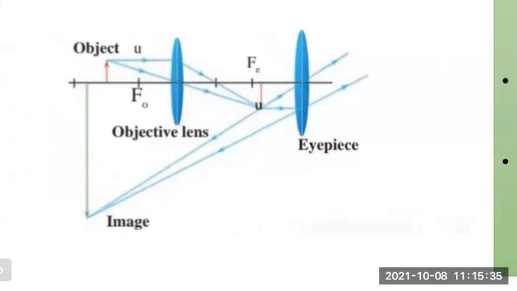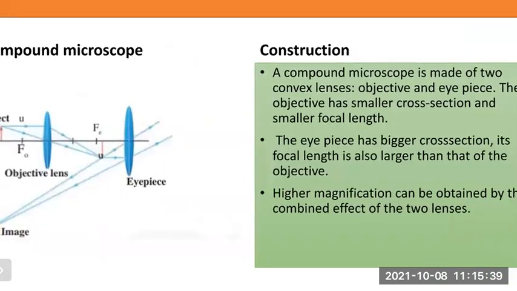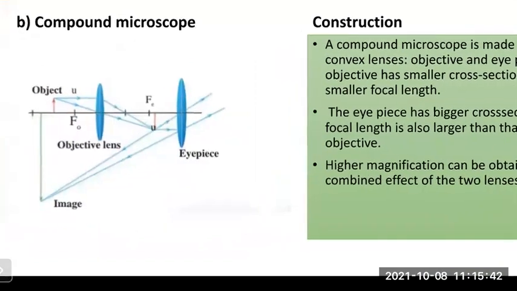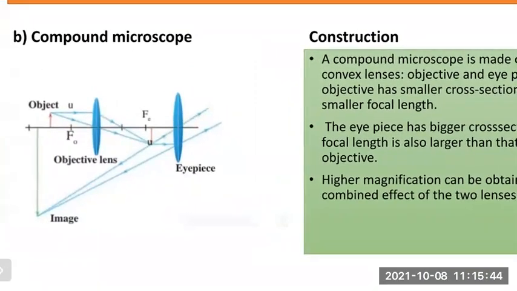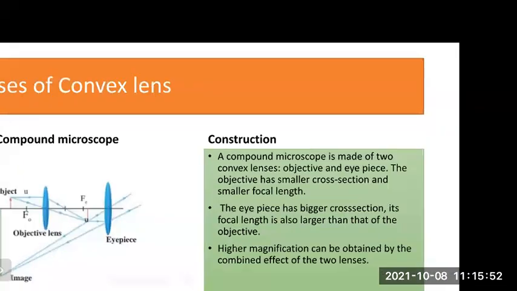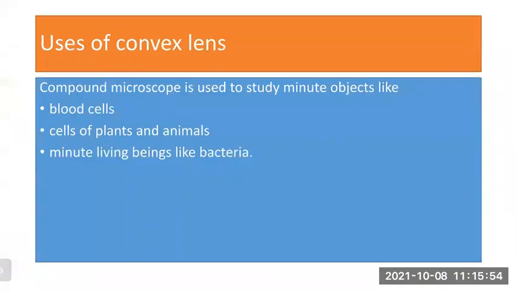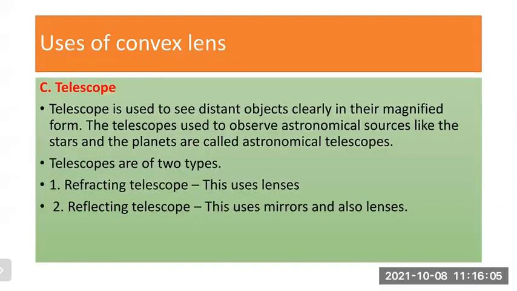You can see this green line. So higher magnification can be obtained by this combination of the lenses. So in this way, in the compound microscope, we use the convex lens. The compound microscope is used to study minute objects like blood cells, cells of plants and animals, minute living beings like bacteria.